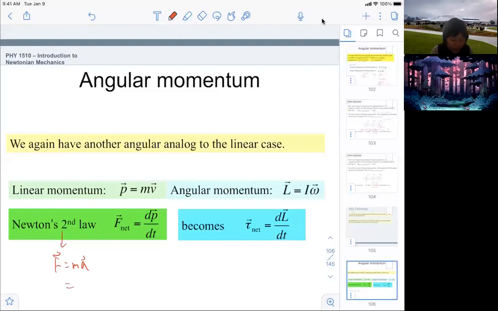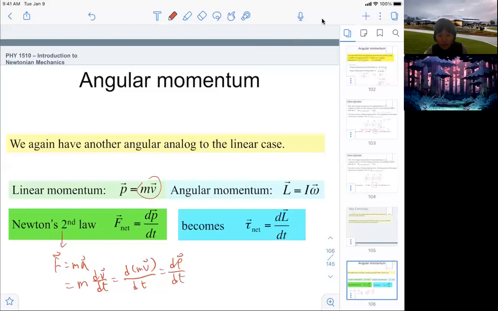Remember how that came about? Acceleration is dv over dt, and usually when we are dealing with mass that's constant, you can take m into the derivative, so it becomes d(mv) over dt. mv is momentum, so it becomes dp over dt. F equals dp over dt is Newton's second law.